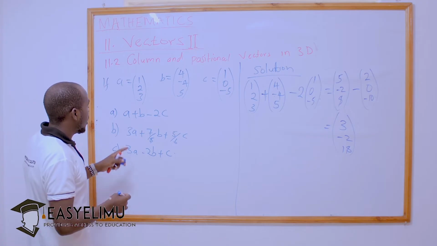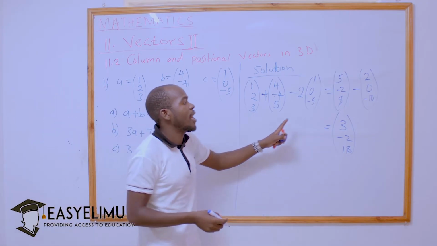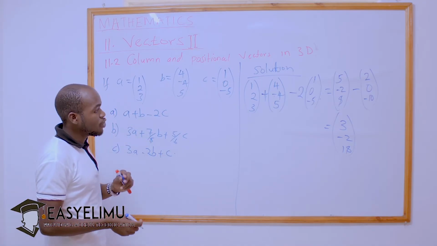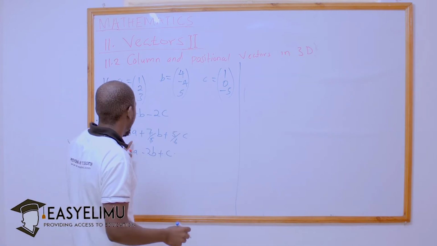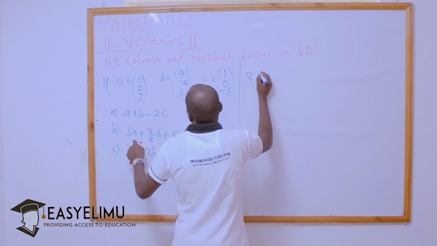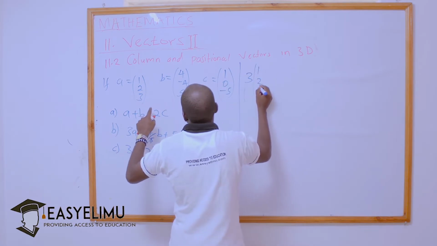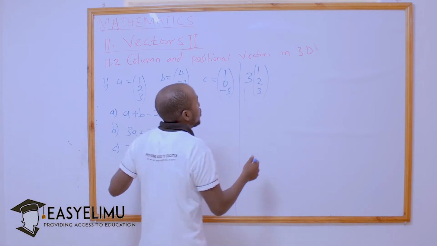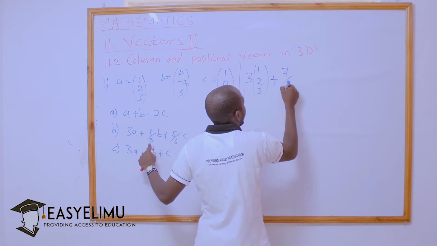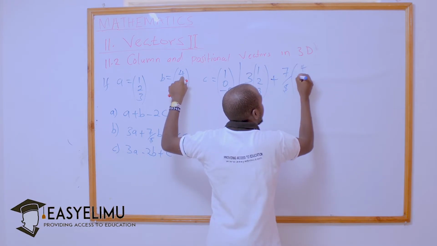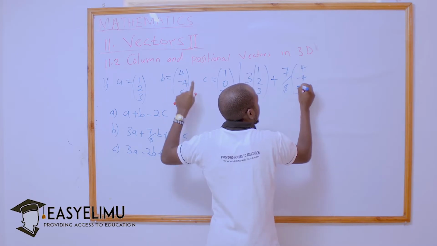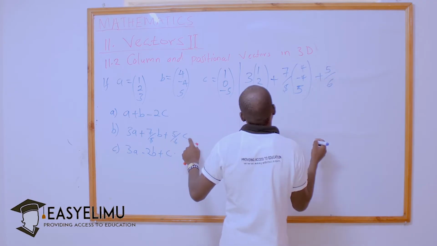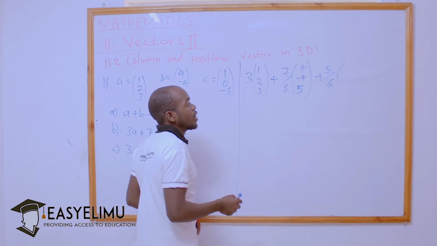So remember that if it is 3A, you multiply as I have done here. The first thing you multiply. And if it is 7 over 8, let me do one with a fraction. It will be 3 times A, and A is 1, 2, 3, plus 7 over 8 of B, and B is 4, negative 4, 5, then we add 5 over 6 of C, which is 1, 0, negative 5.